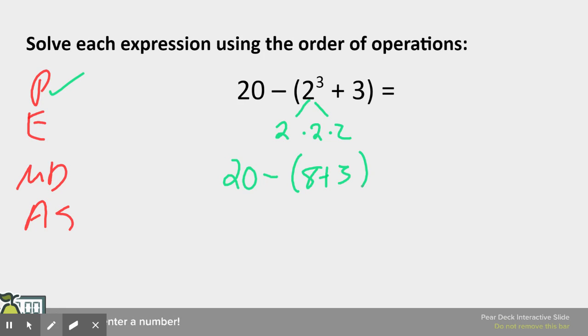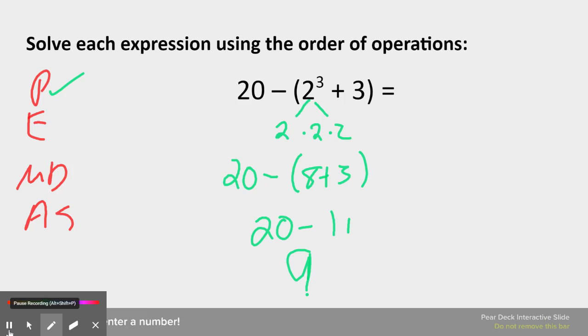Now I can continue working in the parentheses. So I'm going to add 8 plus 3, which gives me 11. So I'm going to rewrite this as 20 minus 11. And I should get for my final answer 9. This one, what people are having trouble with is remembering our exponents there.